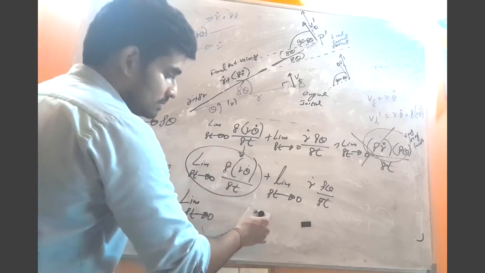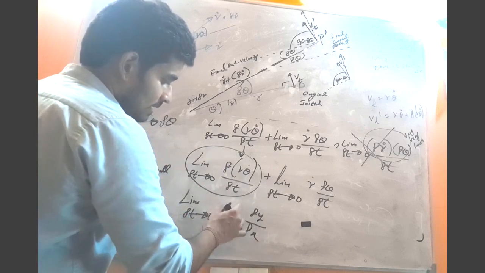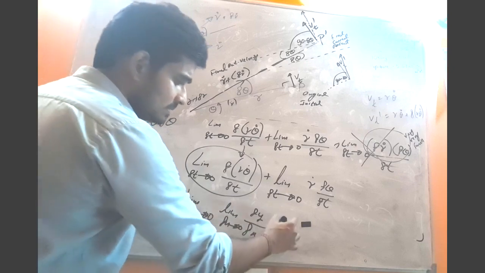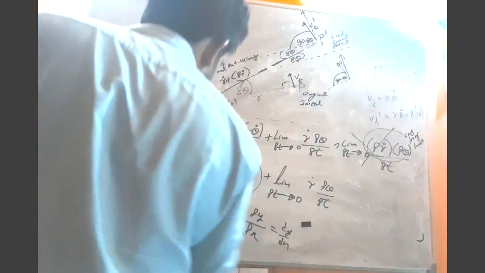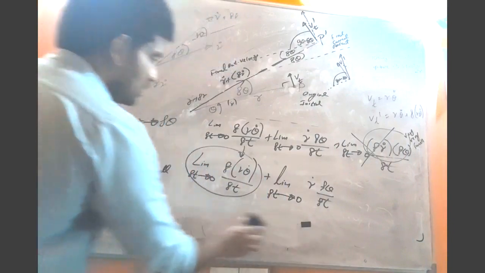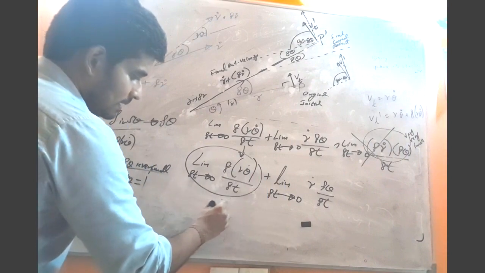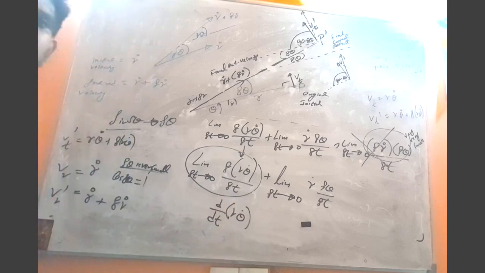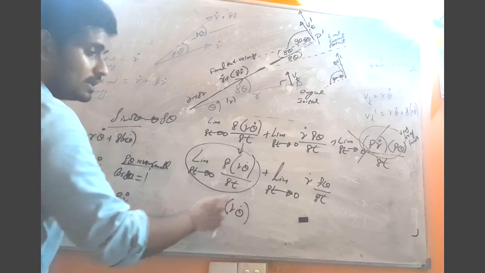If you have something like delta y divided by delta x, where limit delta x tends to 0, that can be written as dy by dx, right? You got the point, right? Now this part we can write as d by dt of r theta dot. Right. You got the point, right?